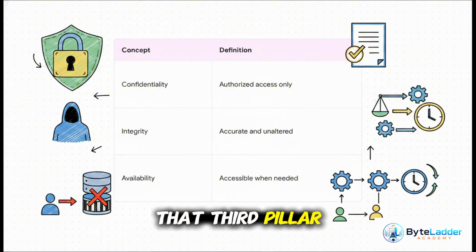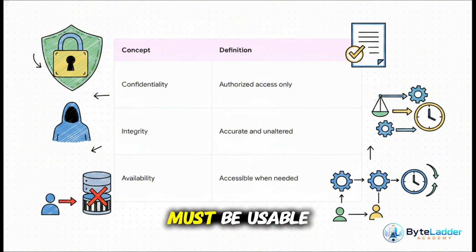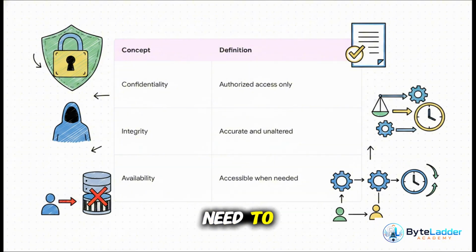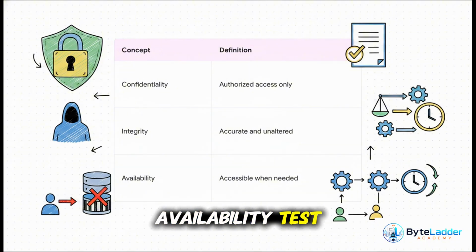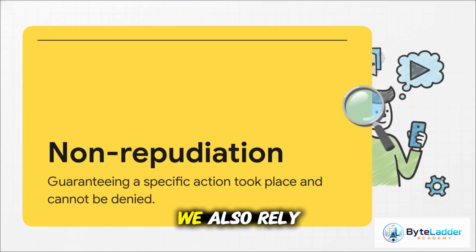But look at that third pillar, availability. Availability literally means systems and data must be usable when needed by authorized users. If your security controls are so strict that your own employees cannot access the database when they legitimately need to, you failed the availability test. Availability is usability.